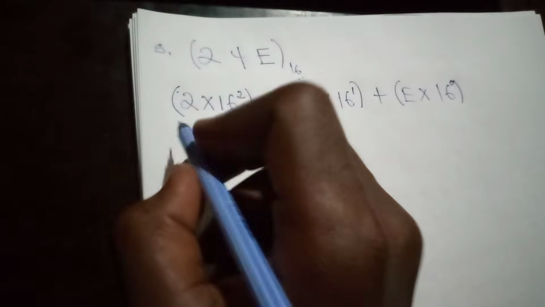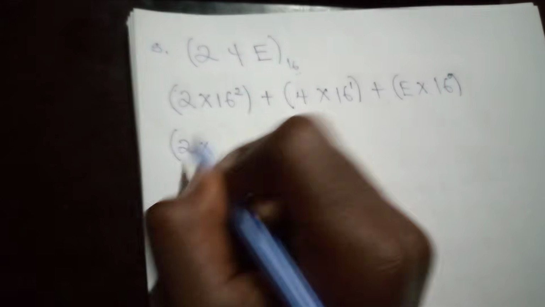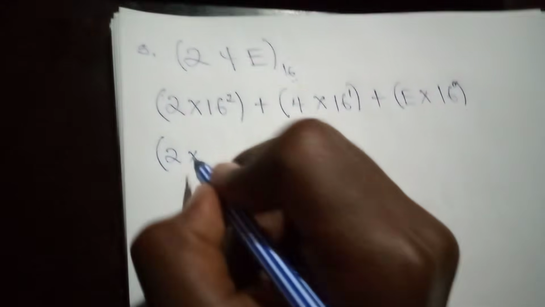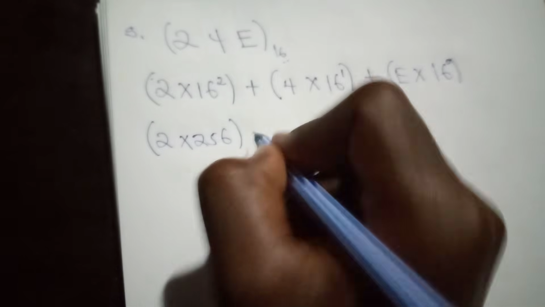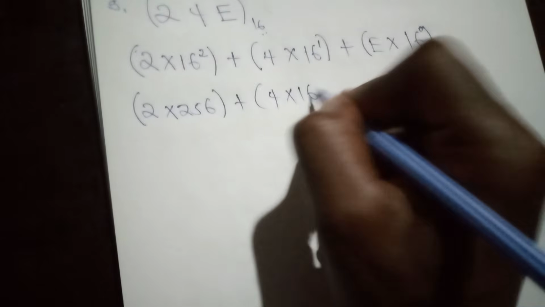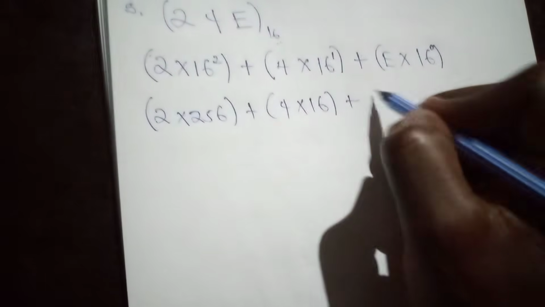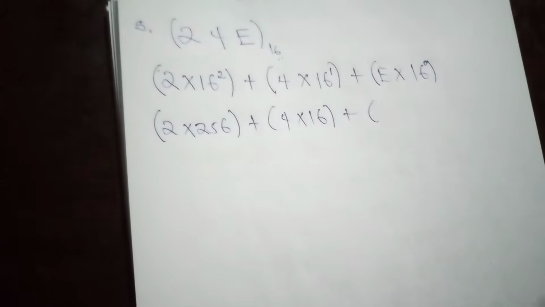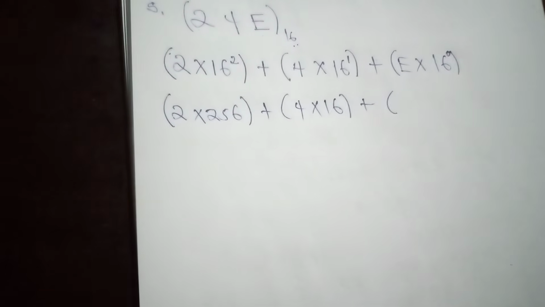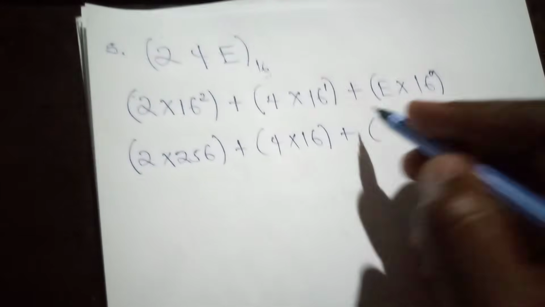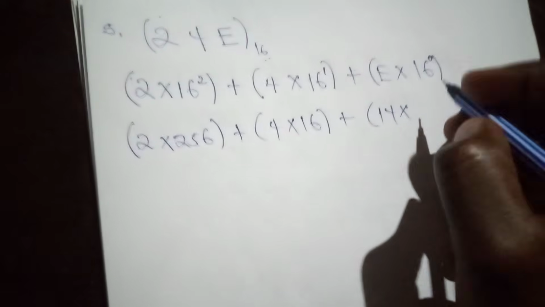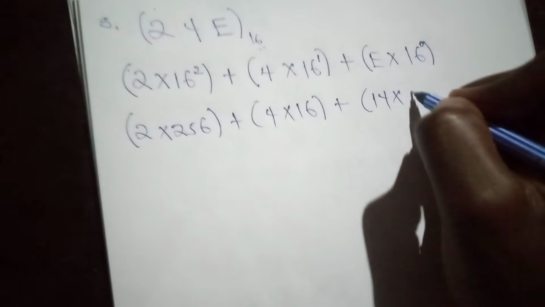So that is 2 times 16 squared, which is 256, plus 4 times 16 to power 1, that is 16, plus, E in hexadecimal is represented by a certain number. That number is 14 times 16 to power 0, that is 1.